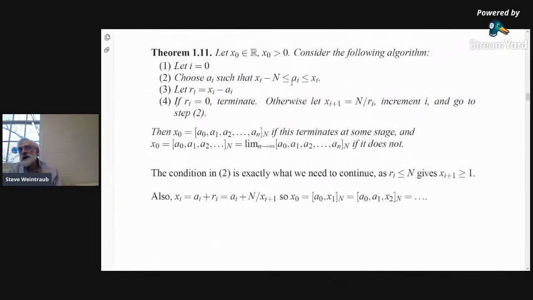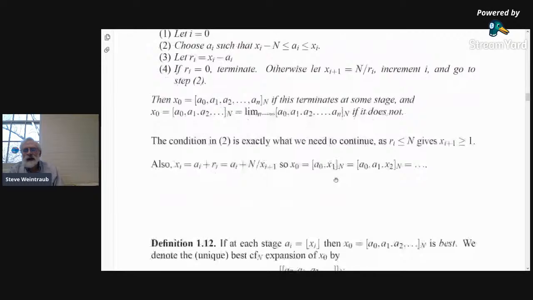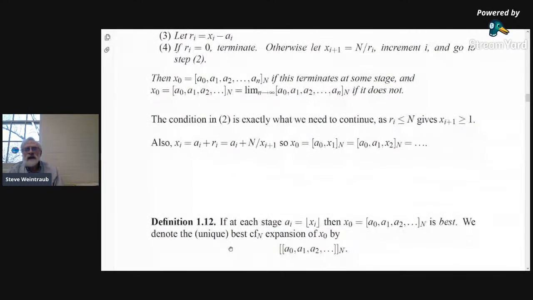Of course, this is now unique, right? We're choosing a sub i to be the nearest integer, so we have a unique best continued fraction expansion, and I'm going to give it some notation. I'm going to put double brackets for the best one. So any positive real number has a unique best continued fraction expansion with numerator N.